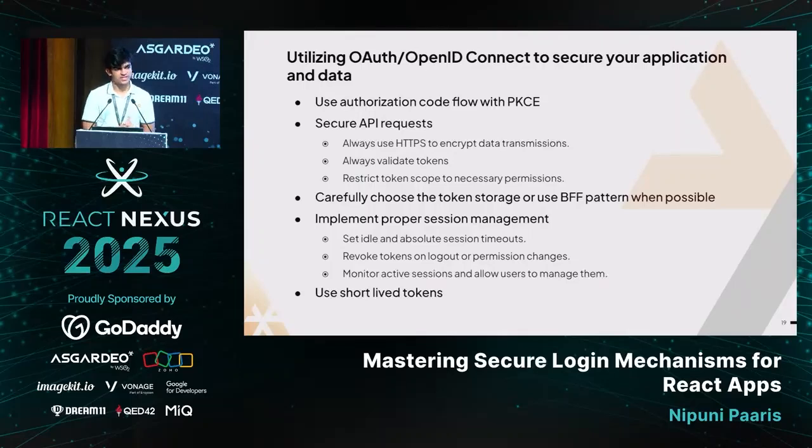So if it's a single page application, you need to go with PKCE. PKCE is another method to authenticate the user. So in this grant, along with the authorization code, a code challenge is sent.